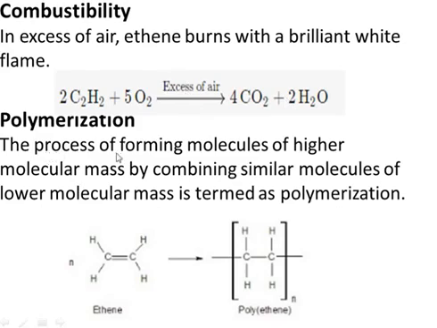Furthermore, alkenes can undergo polymerization reactions by combining smaller molecules to form a larger molecule. For example, ethene can polymerize to form polyethylene, right? This is polyethene, this is a polymer, and suppose we use n number of molecules of ethene, we will get the polymer in which we have n number of units of this.